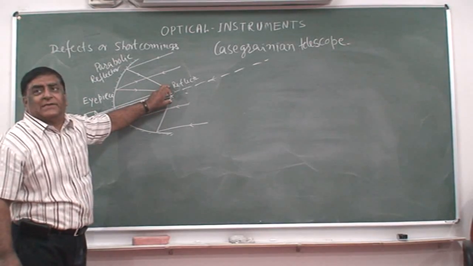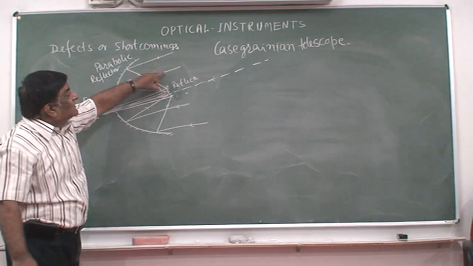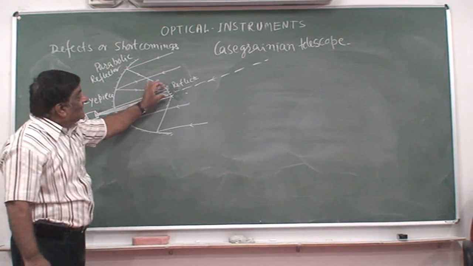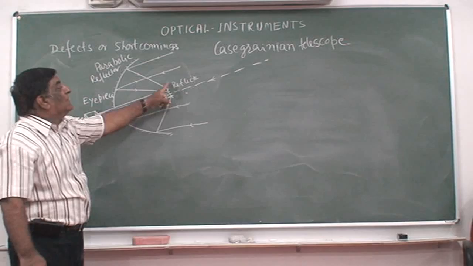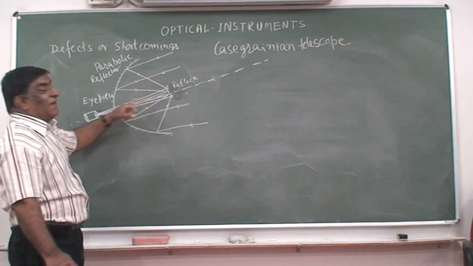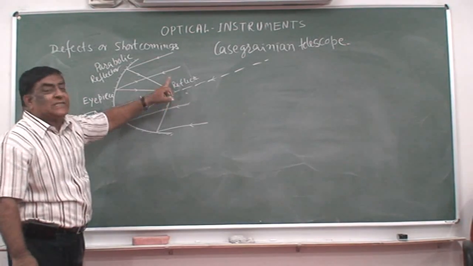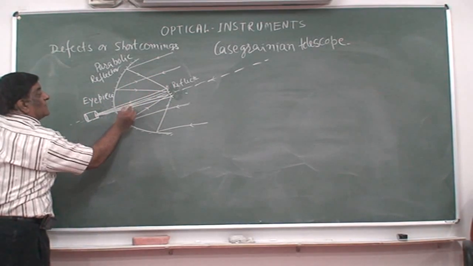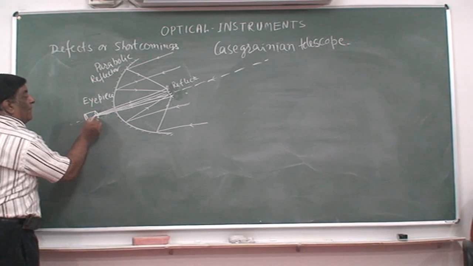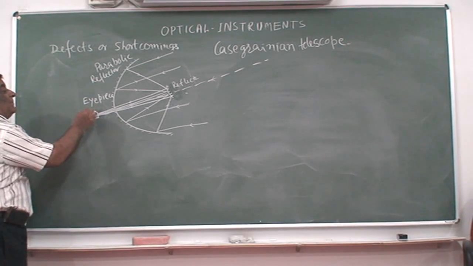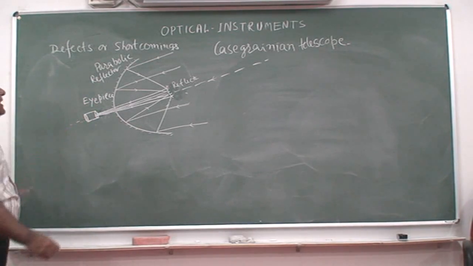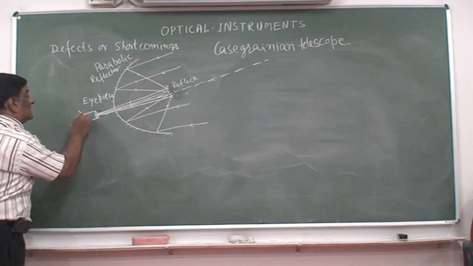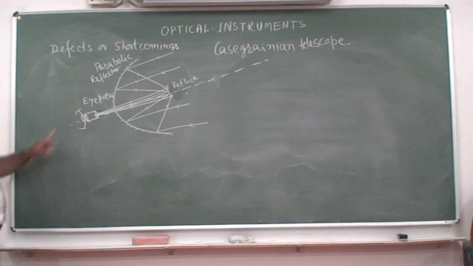This is a very small reflector, so it does not obstruct all these rays. So most of the rays come here, get reflected. Just before the focus, we put a reflector. Again they are reflected, and we adjust this curvature in such a way that after this reflection, the rays are coming here, and here we put an eyepiece. This is an eyepiece to magnify the image, and from here we see it with the eyes.